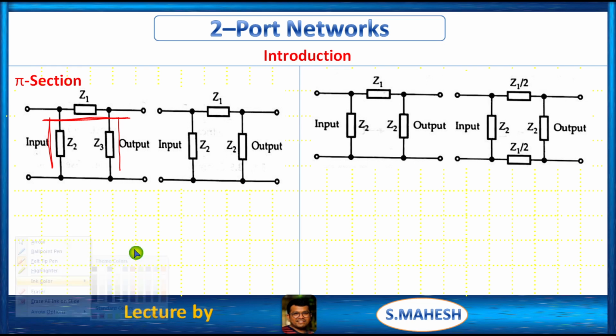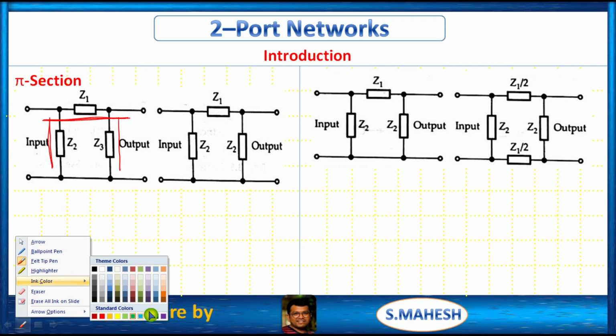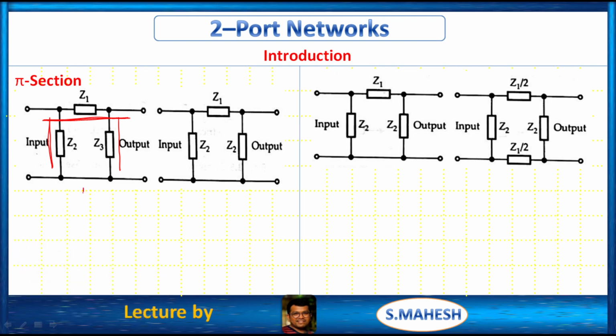We all know that, by inspection we can say this is unsymmetrical pi section. Why is it an unsymmetrical pi section? The reason we can write later.